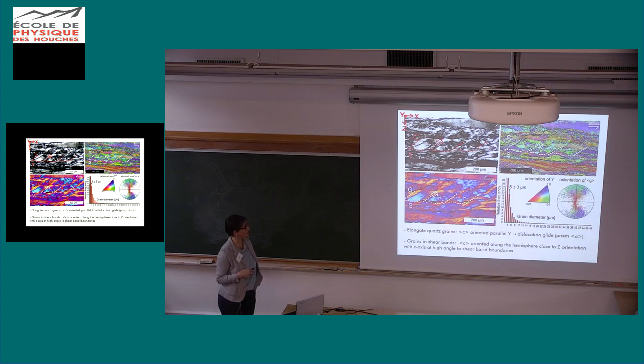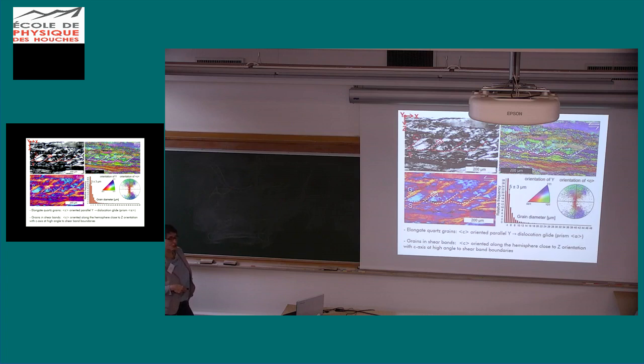So those are just the axes of the finite strain ellipsoid, and then we see here a Y maximum for our elongated quartz crystals. So for elongate quartz crystals, the C-axis is oriented more or less parallel to Y, which would point to dislocation glide with the prism <a> glide system.